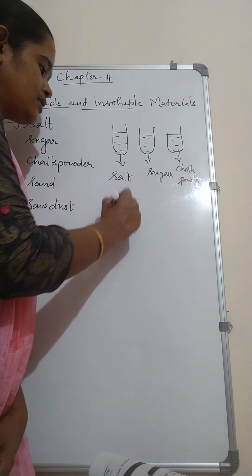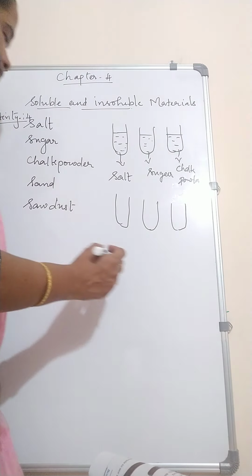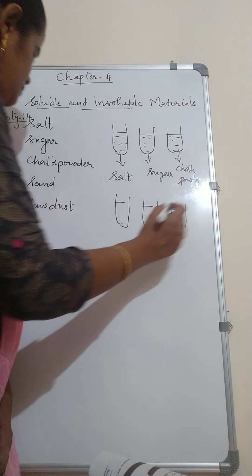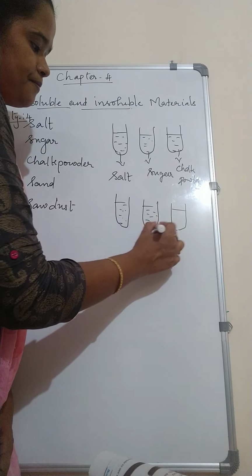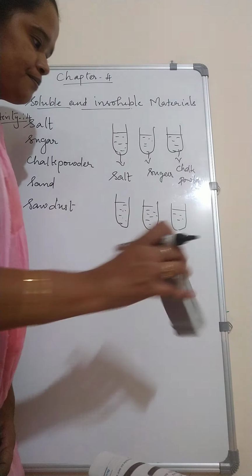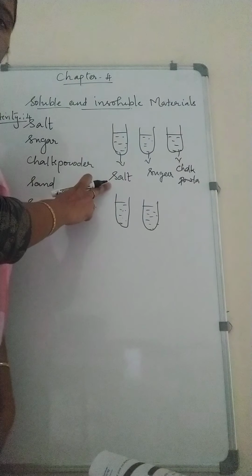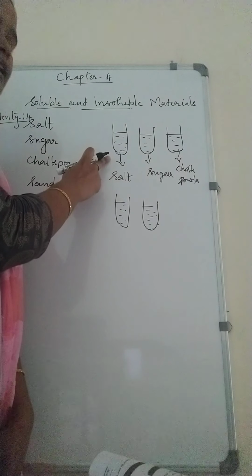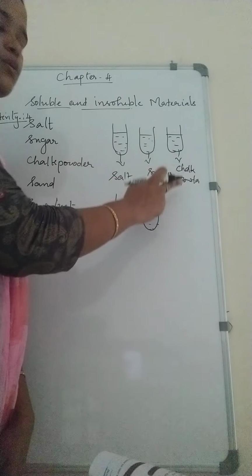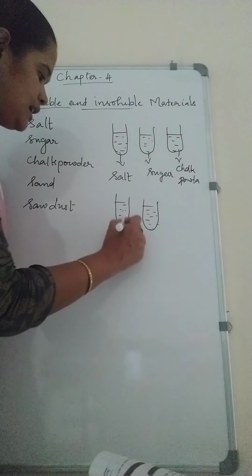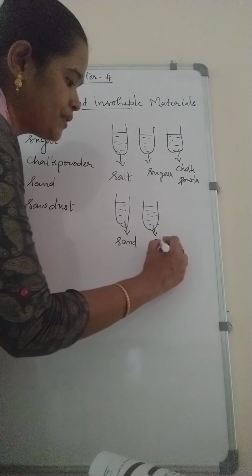First, in the first beaker we are adding a spoonful of salt. In the second one we are adding some sugar, and in the third one some chalk powder. Similarly, in the fourth one we are adding sand and in the fifth one some sawdust.